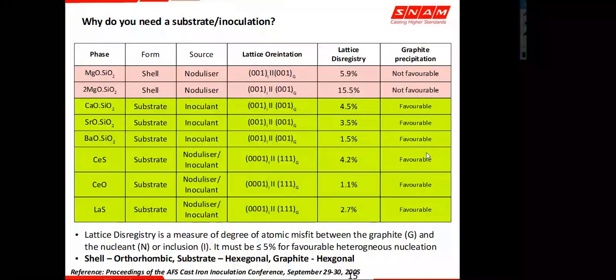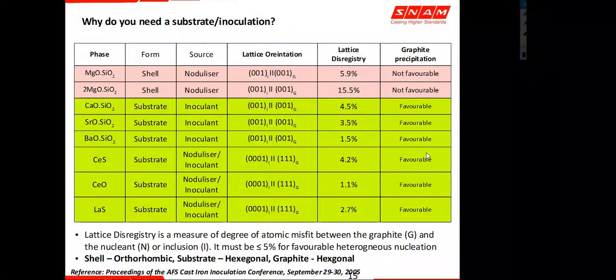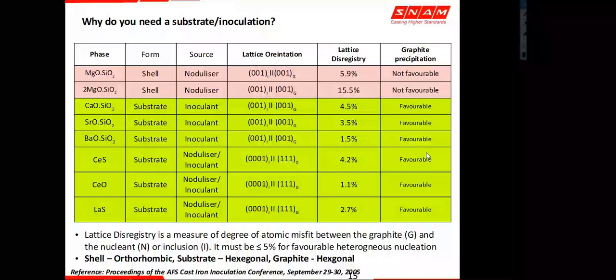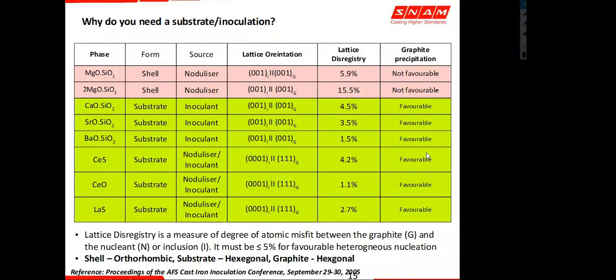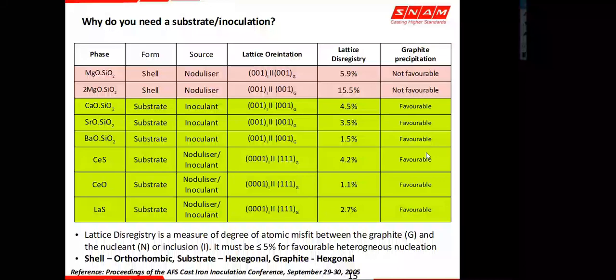So this means that the magnesium silicate or shell formed out of magnesium treatment is not sufficient for the entire process to happen, like nodularization, graphite precipitation and growth. So you definitely need elements other than magnesium for graphite to precipitate and then grow. This is the evidence why you need an inoculation on top of a magnesium treatment.